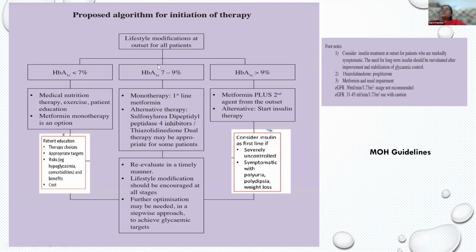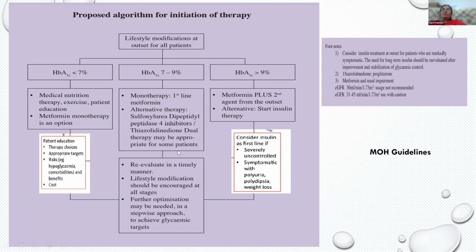If the HbA1c is 7 to 9%, then monotherapy with metformin, and alternative therapy can be sulfonylurea, DPP4 inhibitors, or thiazolidinedione. Dual therapy may be appropriate in this group of patients where the HbA1c is between 7 to 9%.